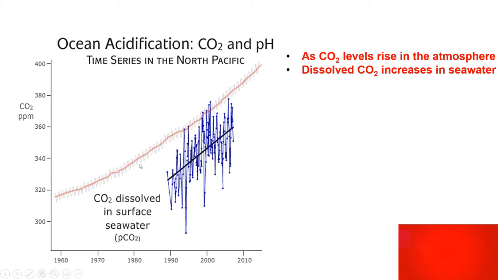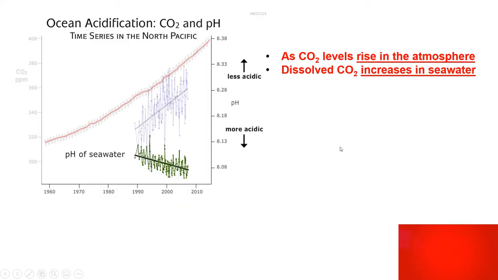This one seemed much tighter, but okay, they ran their math on it and came up with this line, and it seems to me that the dissolved CO2 is on the whole going up since 1990, and I have suspicions about where this yo-yo pattern is coming from. It makes sense, right? If there is more CO2 in the atmosphere, there's going to be more CO2 dissolving in the ocean. Seems fair.